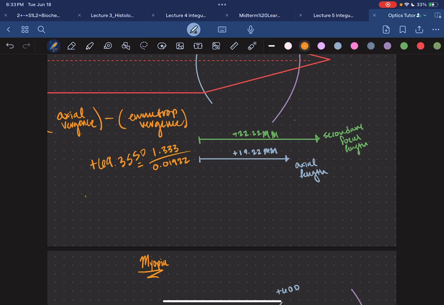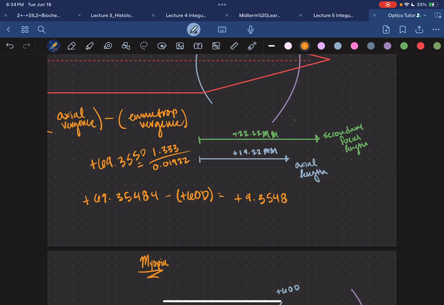Oh, my handwriting, geez. So let's move this up here out of the way. I'm going to do plus 69.354, I'm going to write it out a little bit more, 8 through 4, minus a positive 60. And that's just going to give us a positive 9.3548.